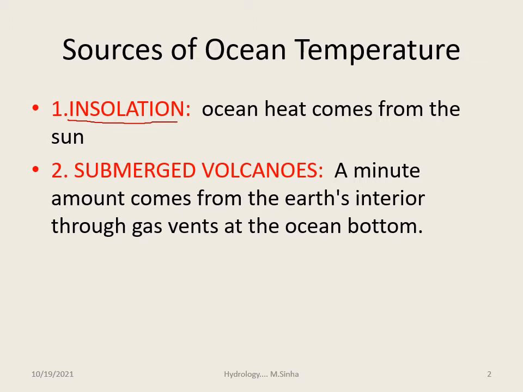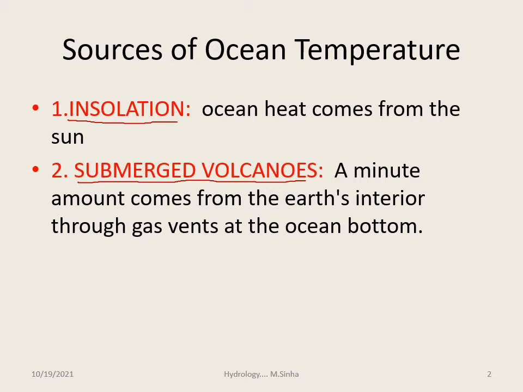And the second important source of ocean temperature is the submerged volcanoes. Through sea floor spreading and due to submerged volcanoes, a minute amount of energy or heat comes from the interior of the earth, and the ocean gets warm from the submerged volcanoes or through the process of sea floor spreading, and its energy comes from the vent as heat or another source of energy.